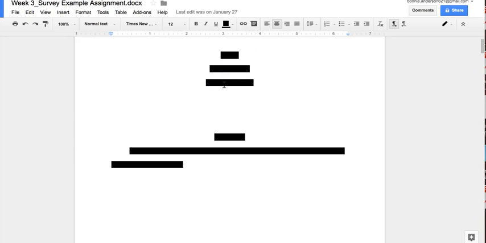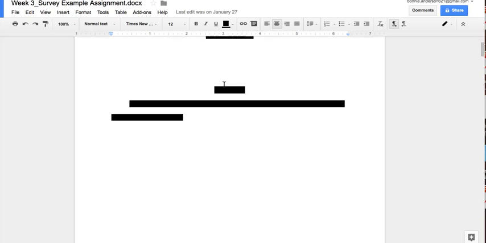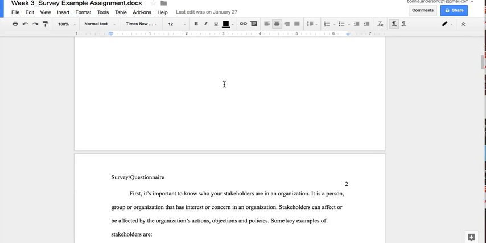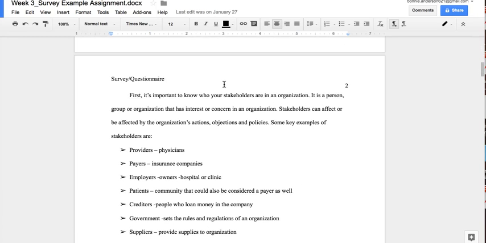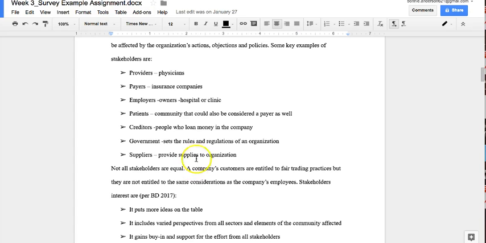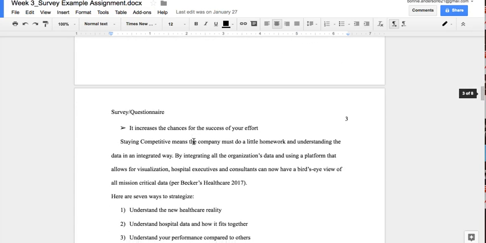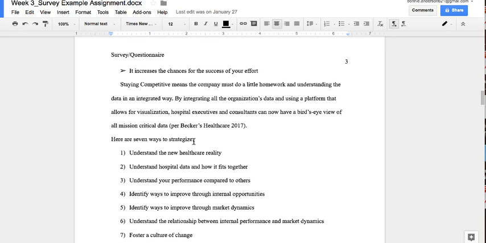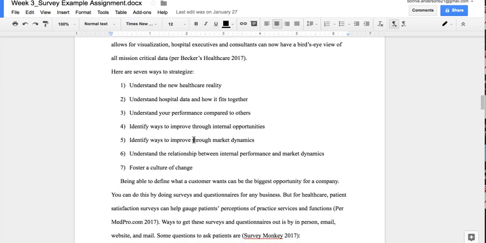Remember, your paper should be written in APA style with a title page and the running head. This student started with an overview of stakeholders and discussed various types of examples of stakeholders. You also want to talk about the demographics of who you are surveying.